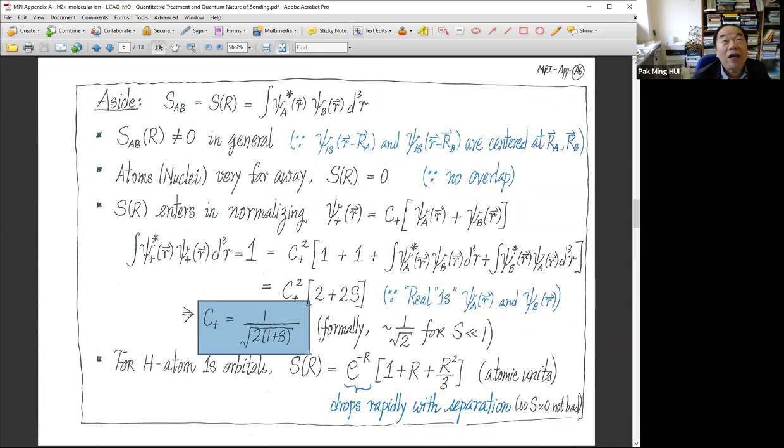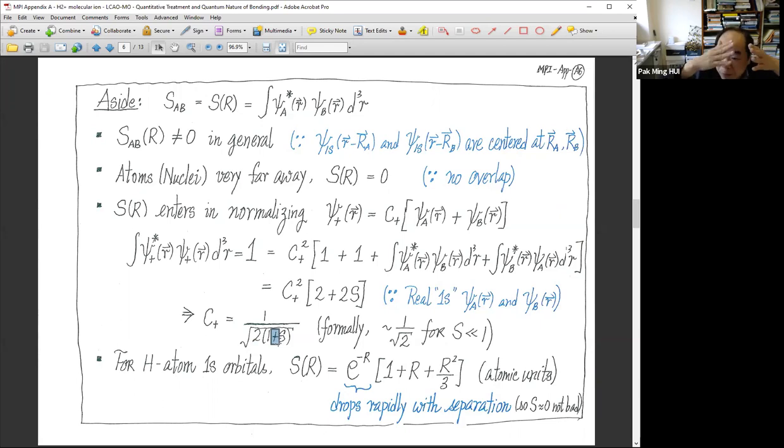So if you think it is 1 over square root 2, it is already an approximation. That's the point, okay? In principle, the plus and minus 1 have slightly different normalization. The plus 1 has this, the minus 1 has this sign being minus.